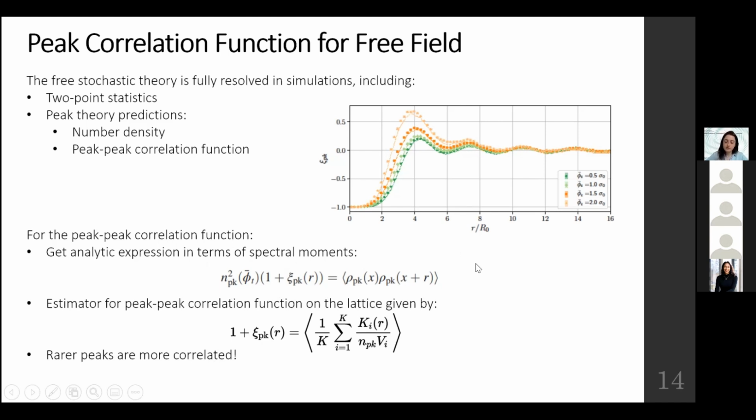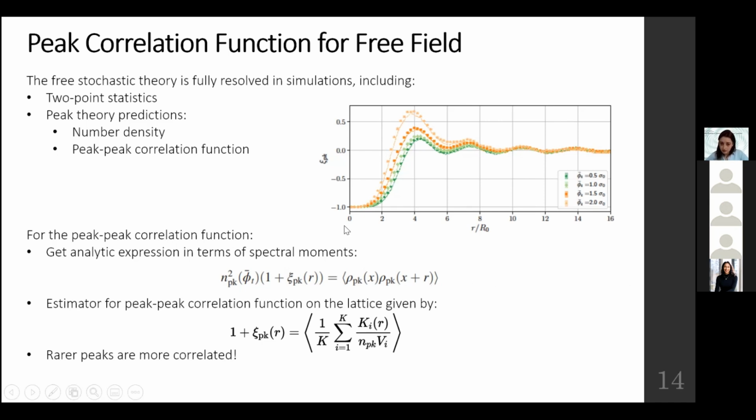The analytic expression, I'm sorry, I should have mentioned, is computed in terms of the spectral moments of the distribution. So the spectral moments are in terms of powers of the power spectrum, and they fully describe this Gaussian statistics. This is a well-tested analytic result.